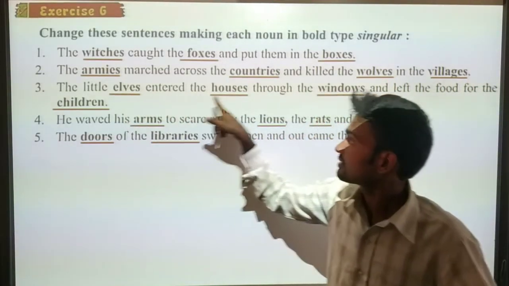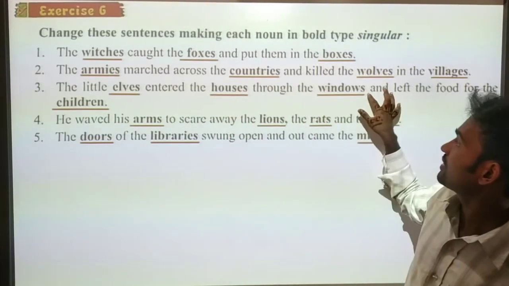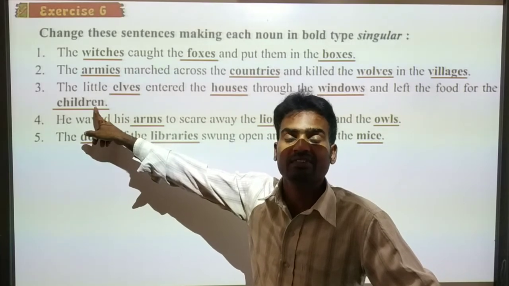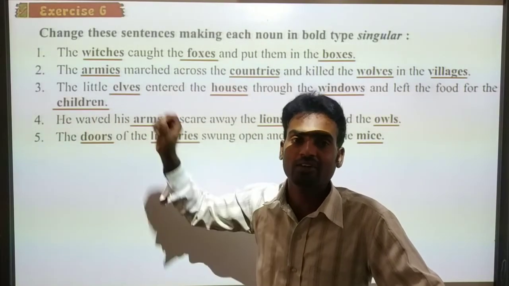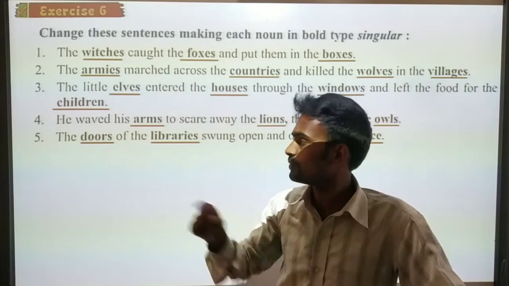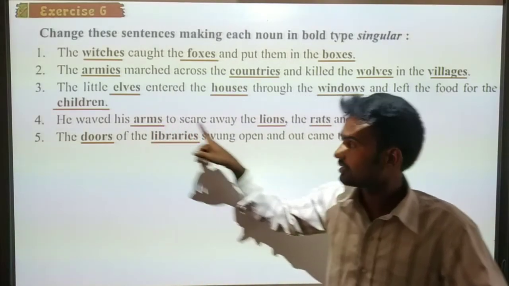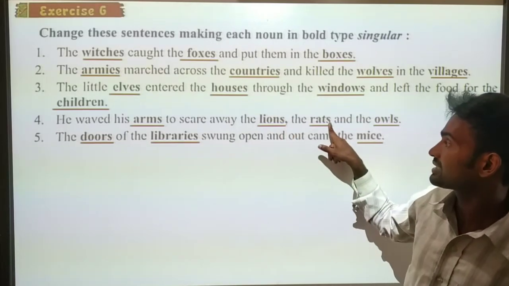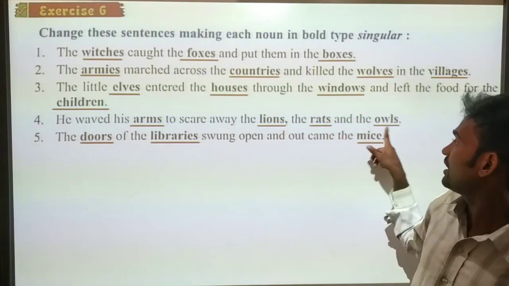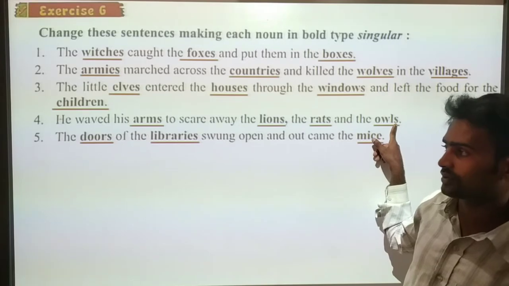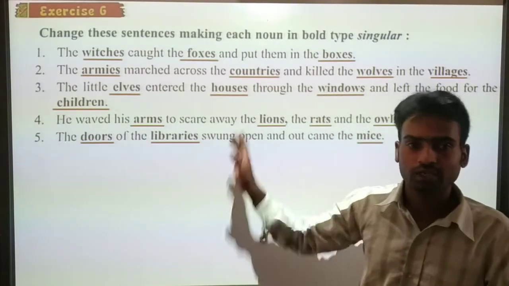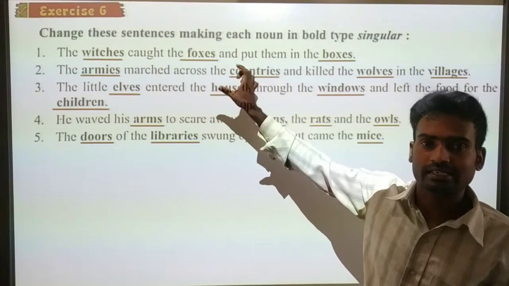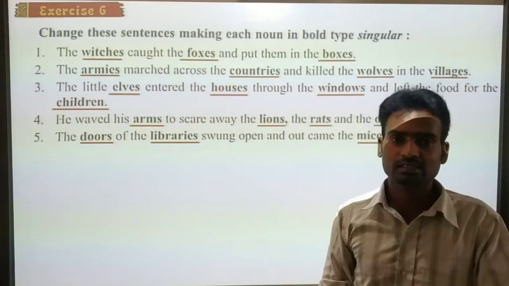Here children, this is a different type of noun that we have learned already in the previous video. Again s for the plural noun. Here doors, everything changes like this. Now the bold words are going to change into singular ones.